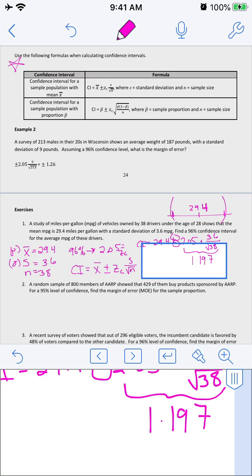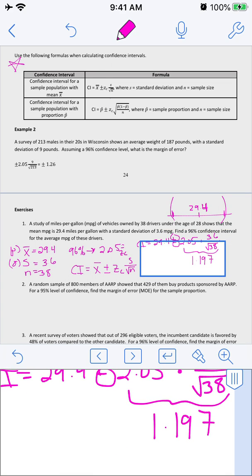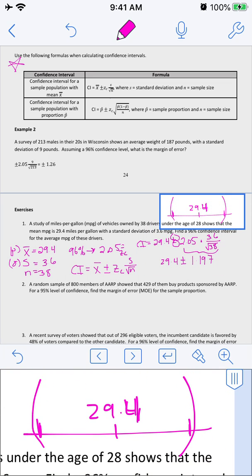All right, so now we're going to both add and subtract that to the 29.4. So what is this number? Basically, we're saying right here, that's our 1.197. It's a standard deviation. It's a weird standard deviation, but for 96% confidence, that's what we're saying. We're going to go 1.197 in either direction. What's that going to give us?